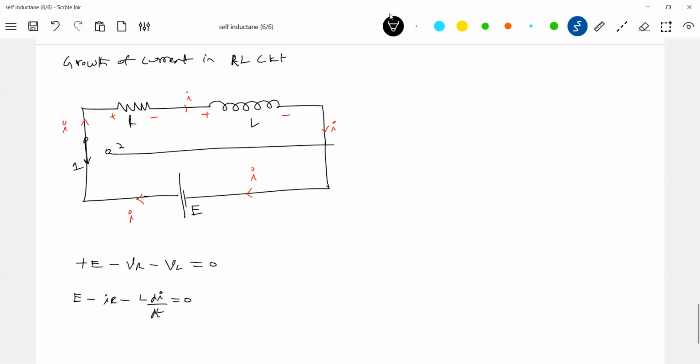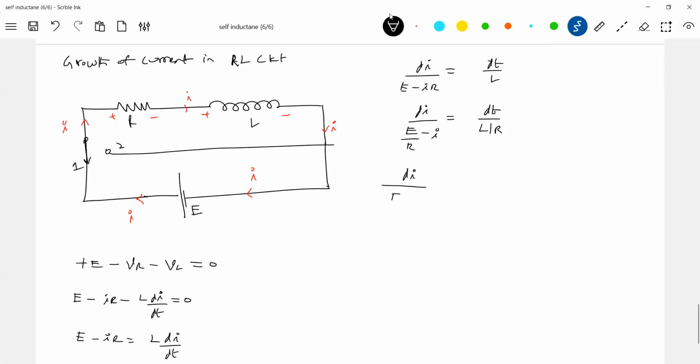So rearranging that, L di by dt. So di is equal to (E minus IR) dt by L. Let me adjust the quotient of I. This is L by R. Where this L by R, I'll give a specific symbol.